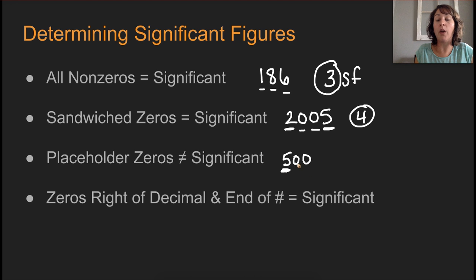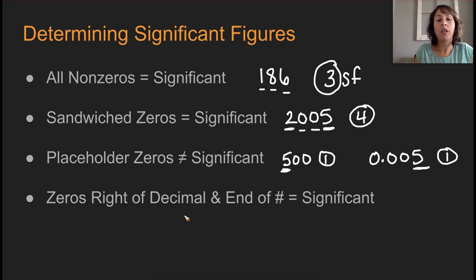If we took them out and had 5, 5 is not equal to 500, so they're very important, but they're just holding the place value, and so in this case we only have 1 significant figure. On the other hand, say we had something like 0.005, okay? Again, these are all just holding the place of where that 5 is. We can't take them away, but they're all just holding the place value, and so this is also 1 significant figure.